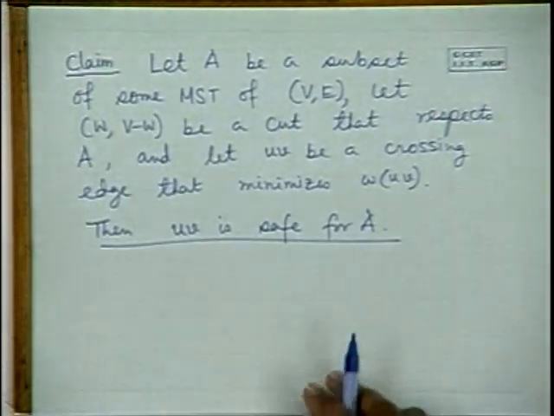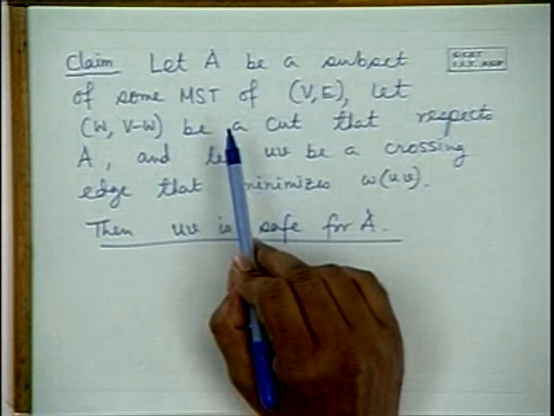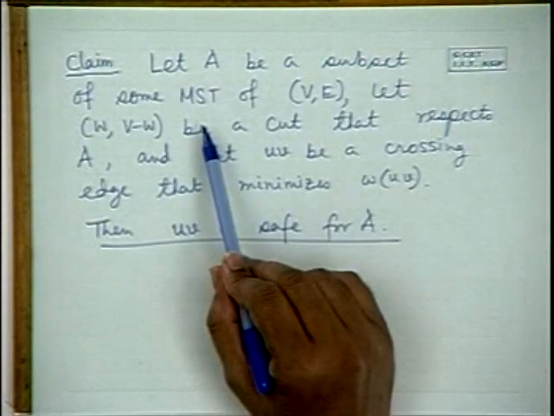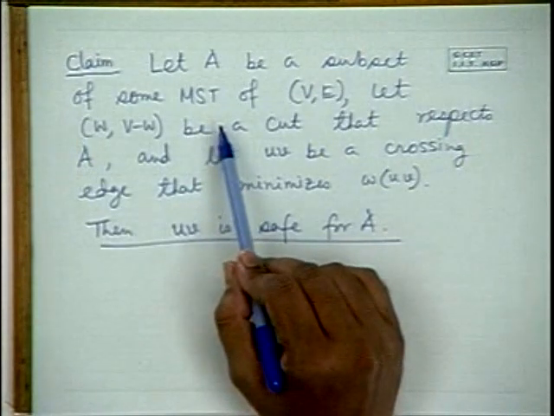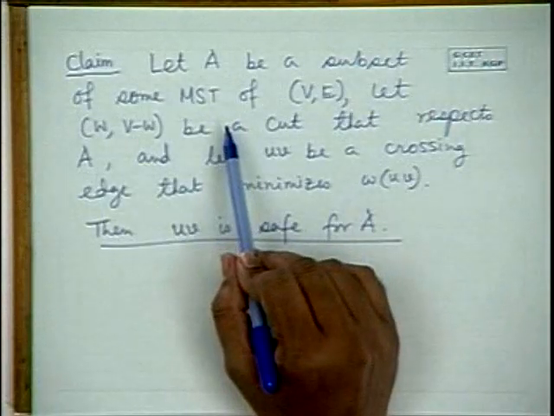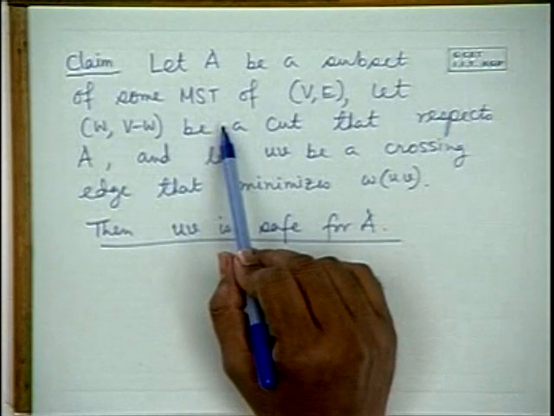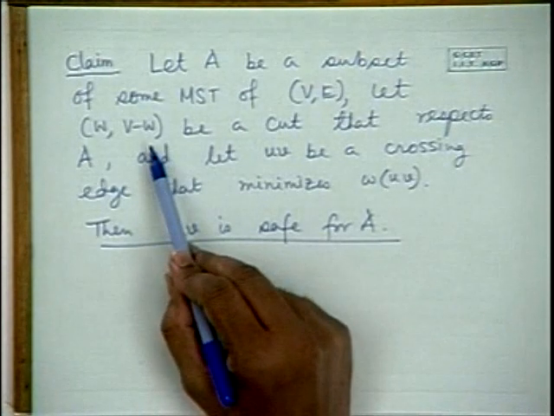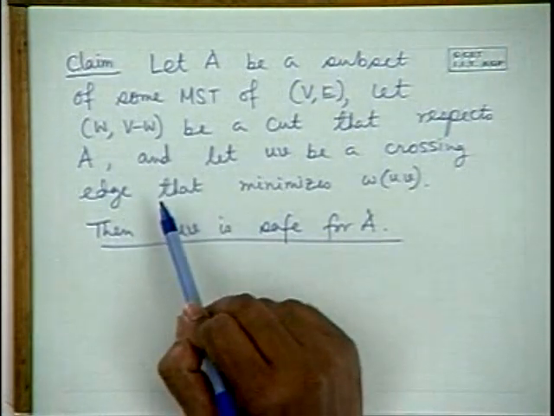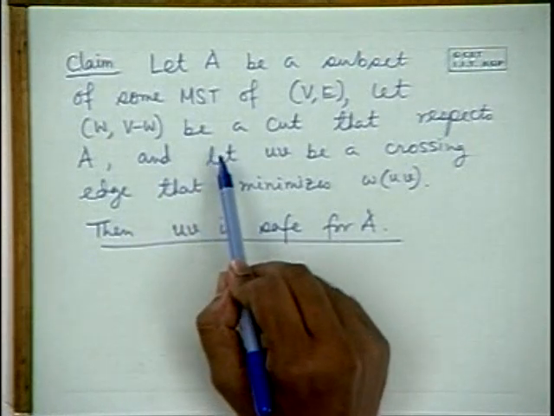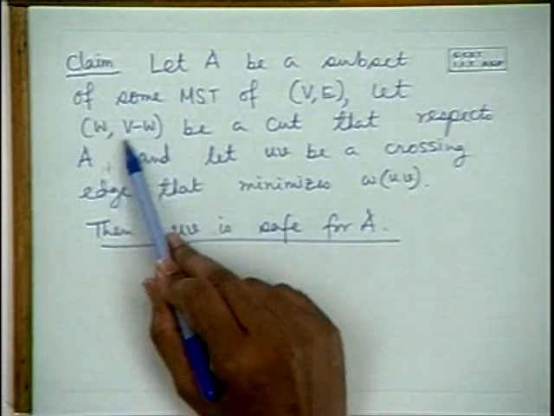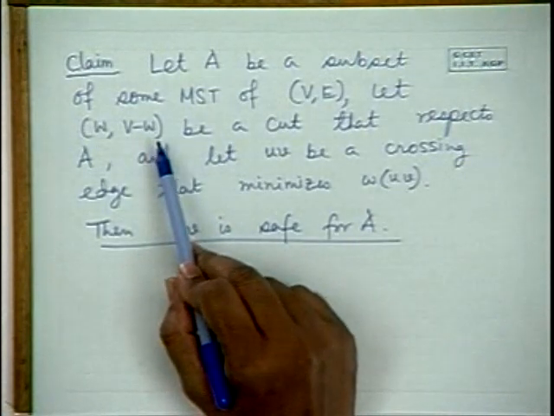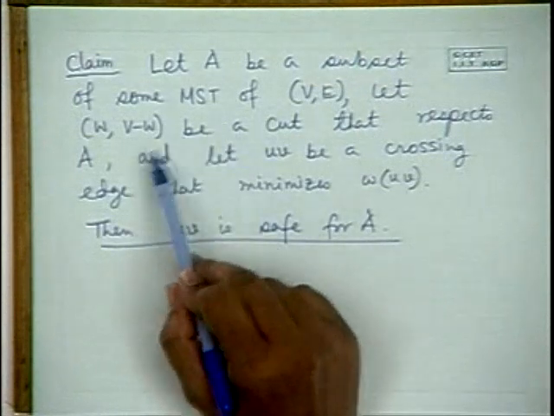Read this claim. There are several conditions. First, A is a subset of edges which is a subset of some MST. Already you know that. And you have taken a cut W and V minus W which is respected by this edge set A. What does it mean? It means no edge of A crosses this cut.